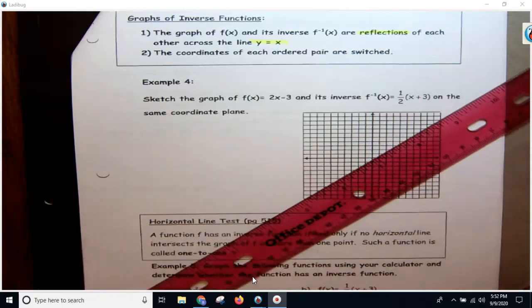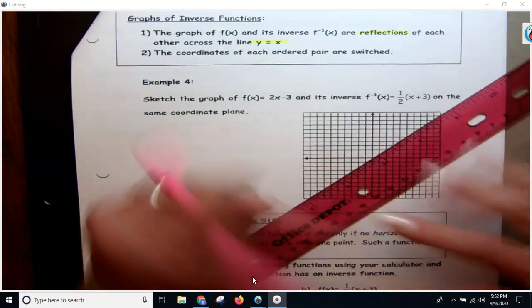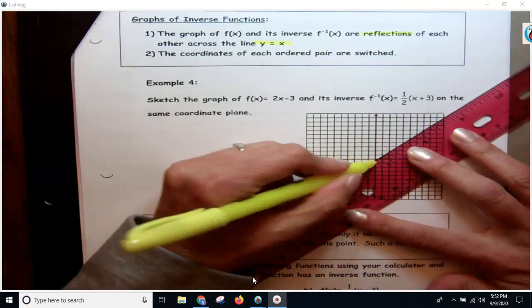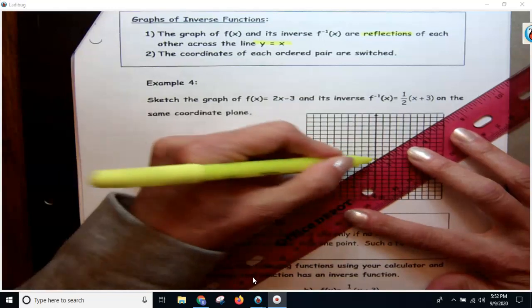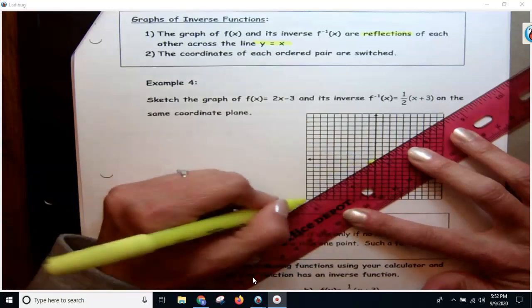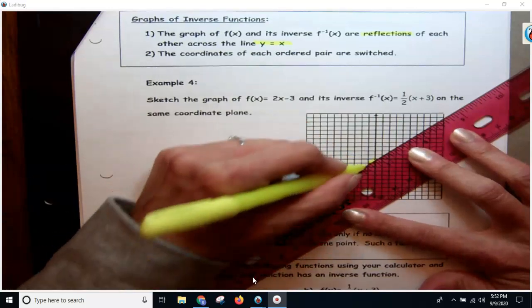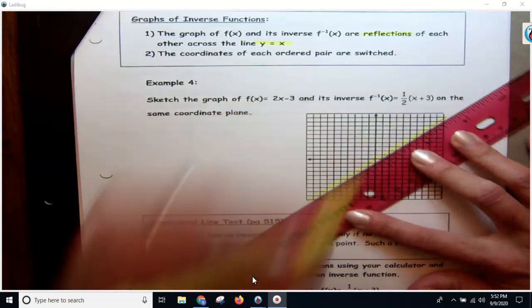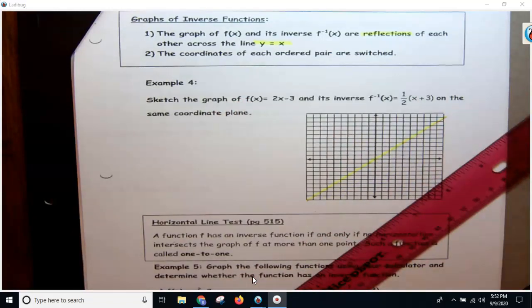I was going to basically create this. I'm going to do it in highlighter. And it would go through the origin. And you've got a slope of one. Go like this. Just like that. Okay, so that's your y equals x line.